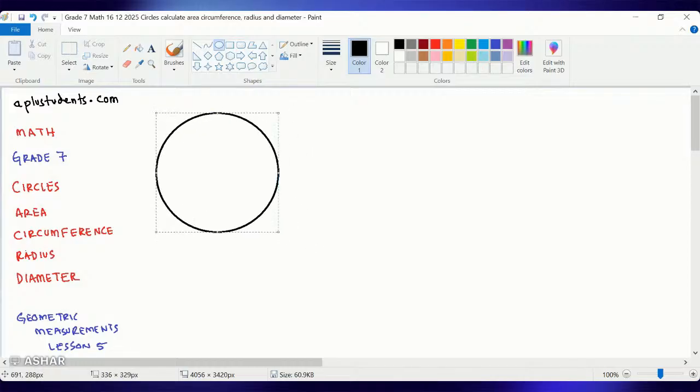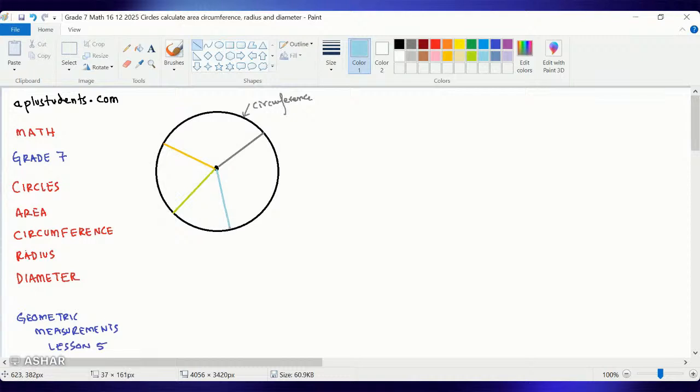In case of a circle, the property of the circle is that from the center to any point on the circumference, the outer ring, which is known as the circumference, this distance will always be equal. And this distance is known as the radius.